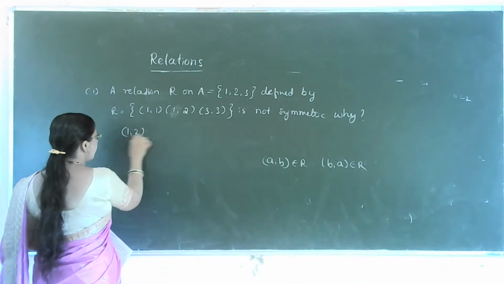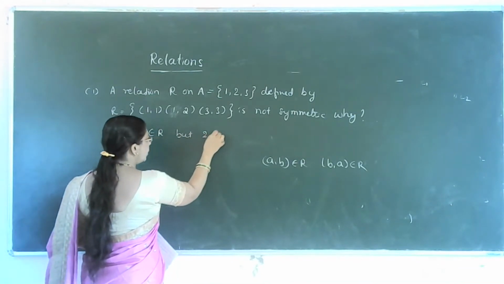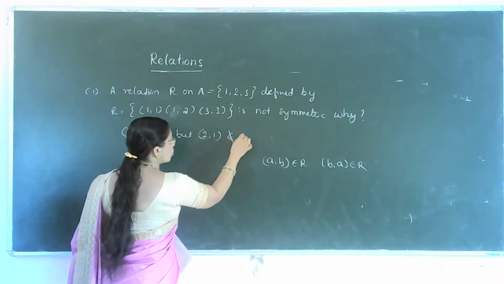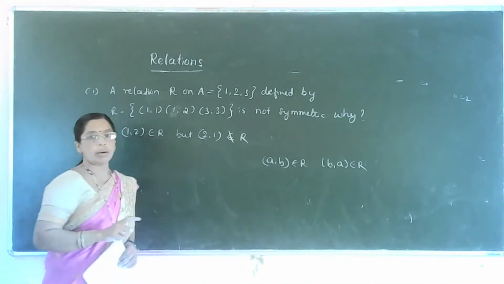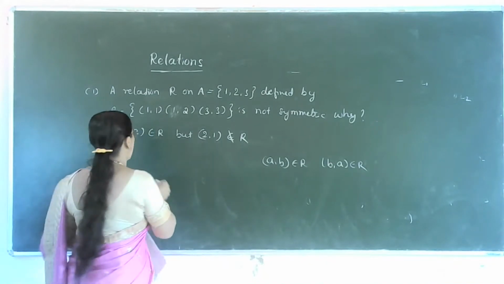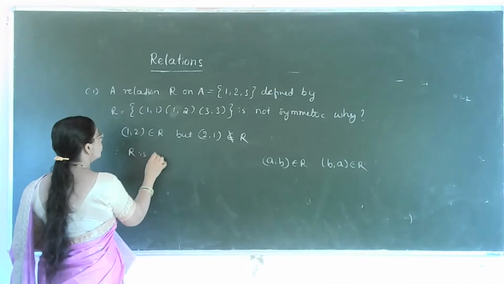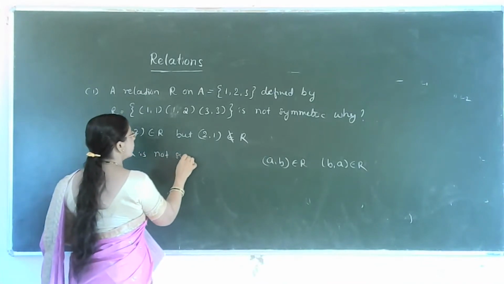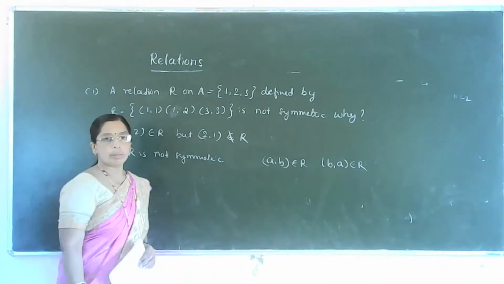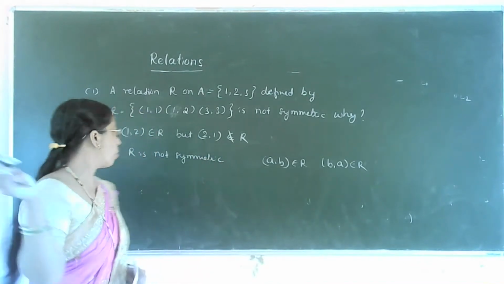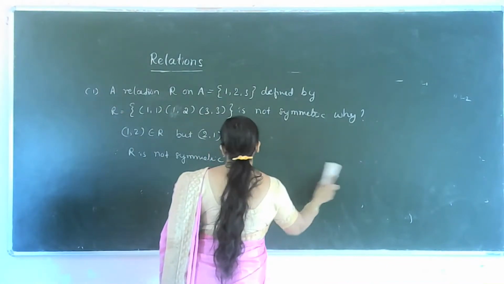But (1, 2) belongs to R, while (2, 1) does not belong to R. Therefore, R is not symmetric. One more question was asked in the previous question papers.